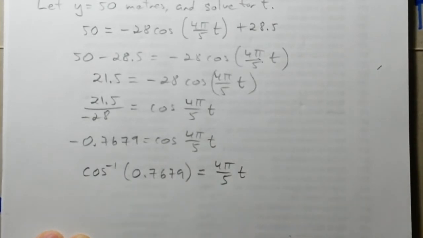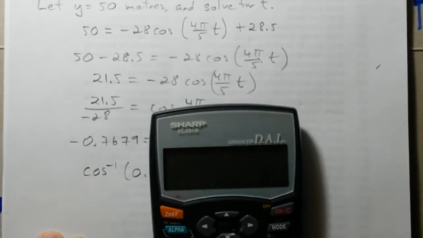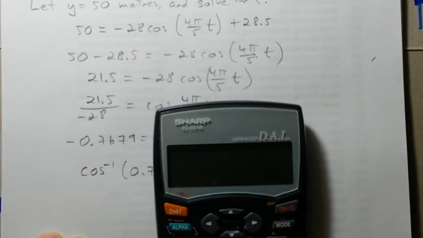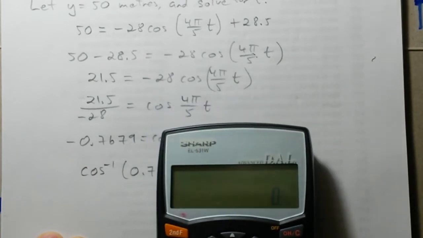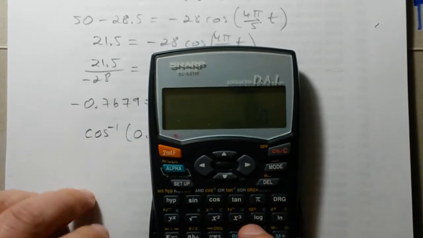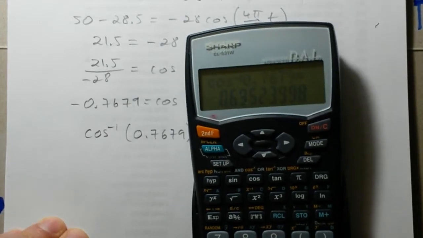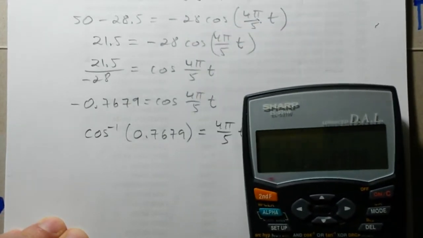And now let's put this in the calculator. Now we're using radians, so I want to make sure my calculator is in radians, and not in degrees. Okay, now it's in radians. So we do cosine inverse of 0.7679 equals 0.695, up to 4 decimal places.